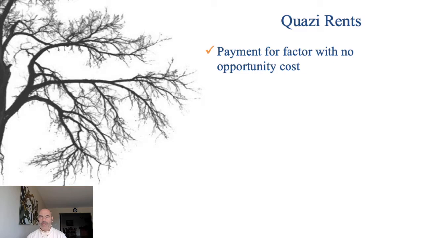Disney World, in theory, can raise the entrance fee as high as the factor payment that has no opportunity cost. Once you buy the airline ticket and you arrive at Disney World, it commits you to return.